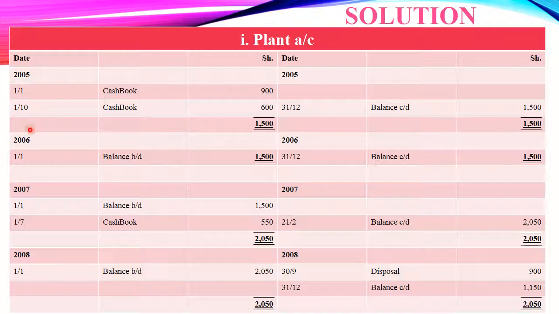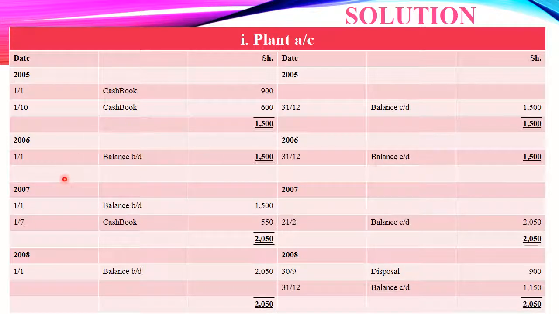When you go to the next year, 2006, we are going to begin this year with the assets that were there at the end of the last period. So the balances that were carried down in 2005 will be brought down in 2006. So on 1st of January, the beginning of 2006, we are going to bring down an amount of 1,500.